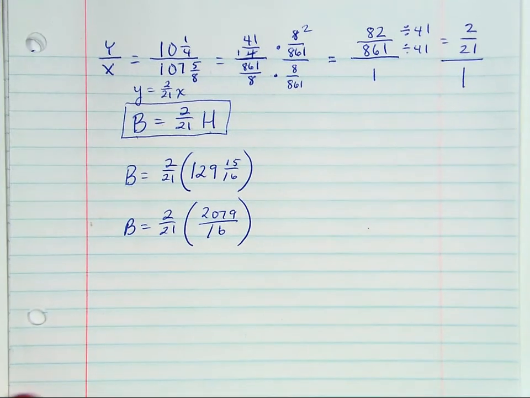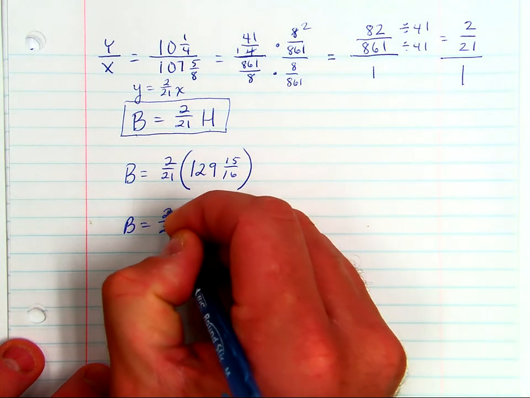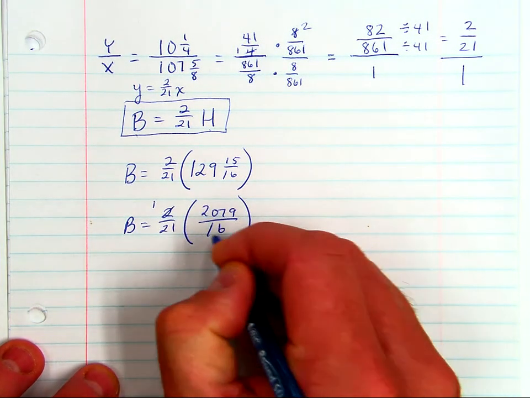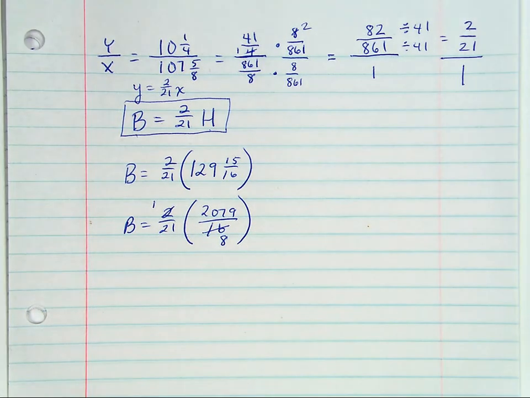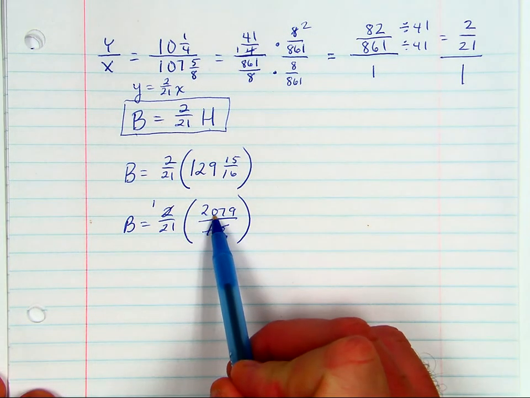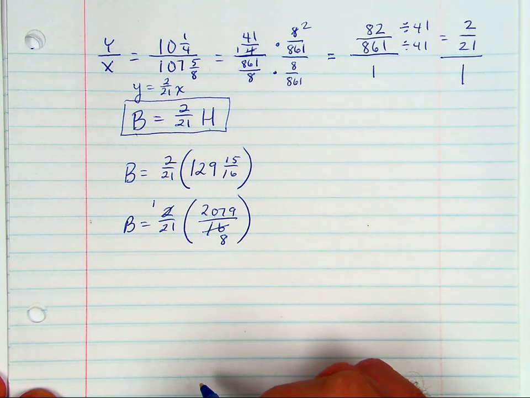And now I'm going to reduce. We can divide by 2. Is 2,079 divisible by 3? What's 2 plus 0? 2. What's 2 plus 7? What's 9 plus 9? Is 18 divisible by 3?